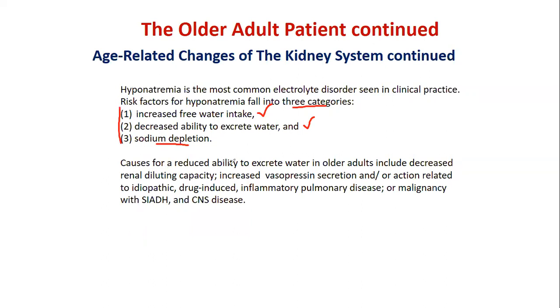Causes for reduced ability to excrete water in older adults include decreased renal diluting capacity, and increased vasopressin secretion and/or action related to idiopathic or drug-induced inflammatory primary diseases and malignancy with SIADH, the syndrome of inappropriate antidiuretic hormone, also central nervous system diseases.